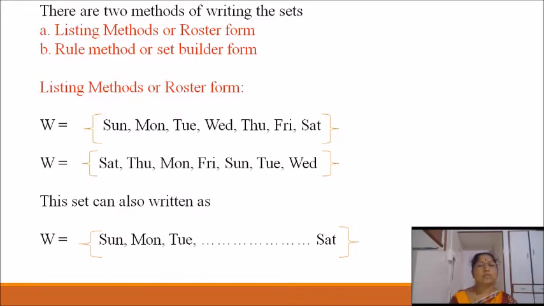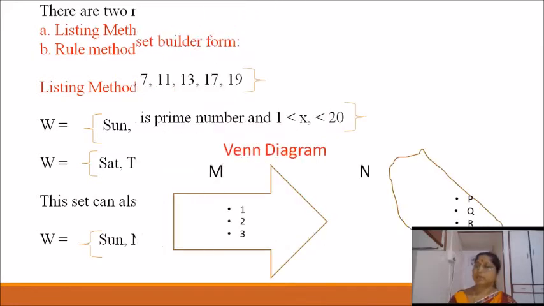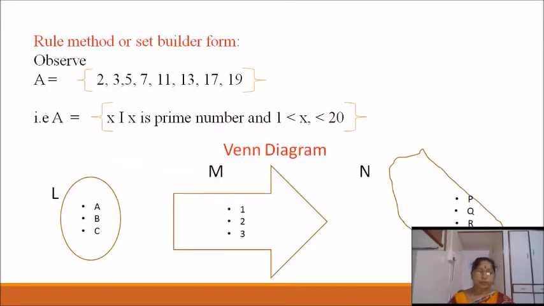To save time, we can also write the set as W equal to {Sunday, Monday, Tuesday, ... up to Saturday}. If the elements of the set are large in number, then we use this method. Many times it is difficult to write every element of the set, then we use this method.